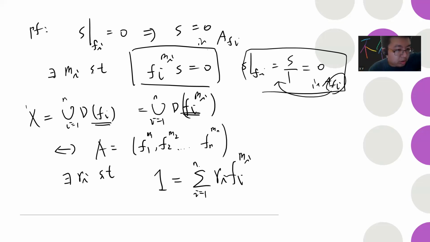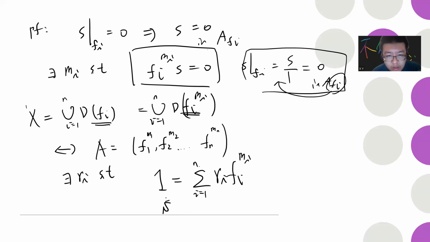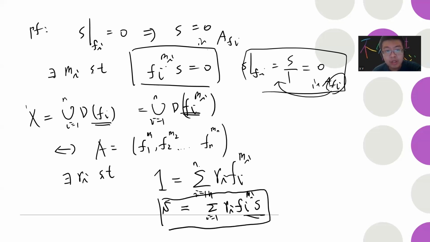So basically there are r_i such that the identity 1 equals the sum of r_i f_i^{m_i}. Now we have this, the rest will be very simple. We just multiply s on both sides. So we get s equals the sum from i equals 1 to n of r_i f_i^{m_i} s. But f_i^{m_i} s is 0, so it's 0.